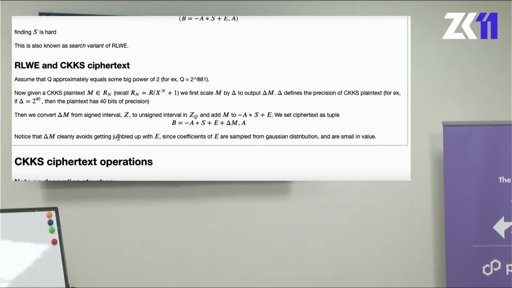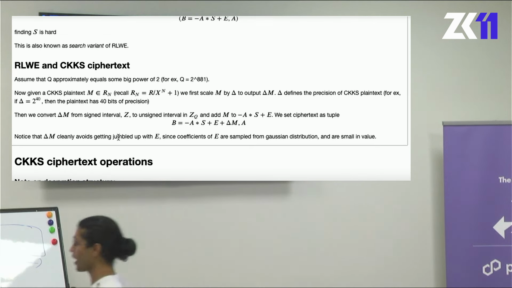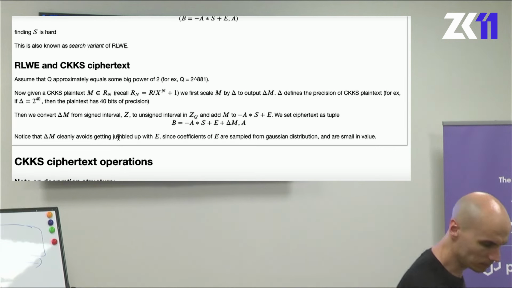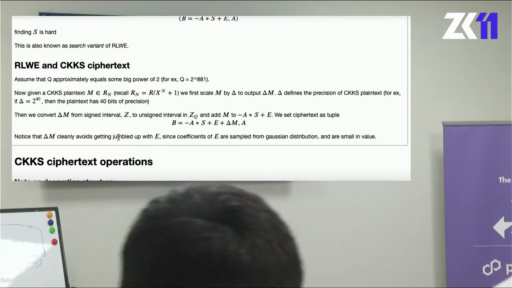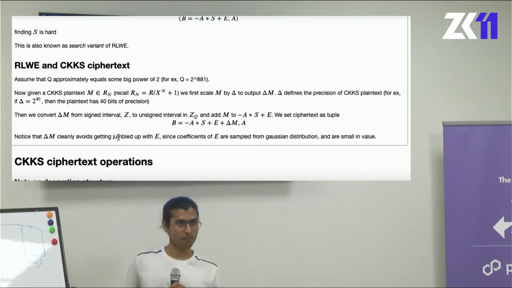Okay, think of this box. This is Q. This is the size of the ciphertext, which is the Q in R_Q^n. This is the size of the entire box. Now we sample error from a Gaussian distribution, which would have a very small magnitude.